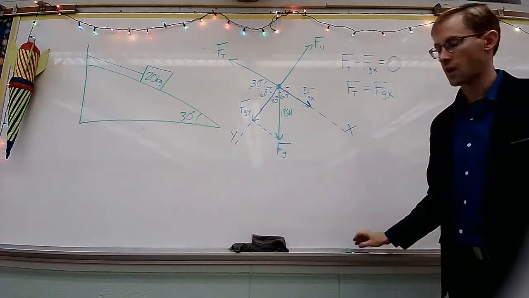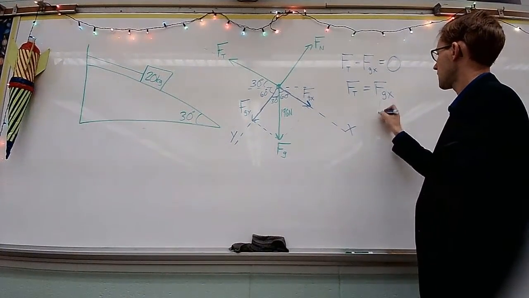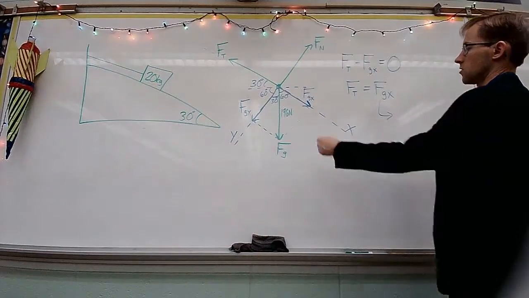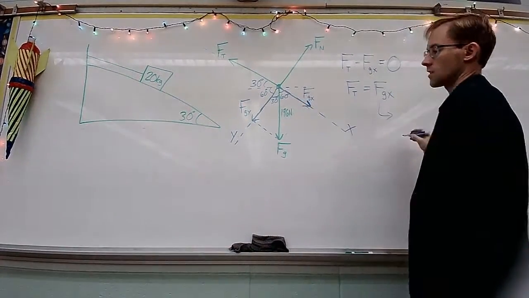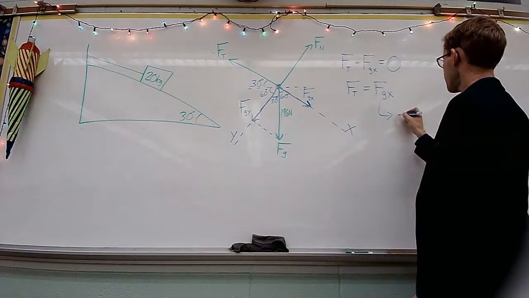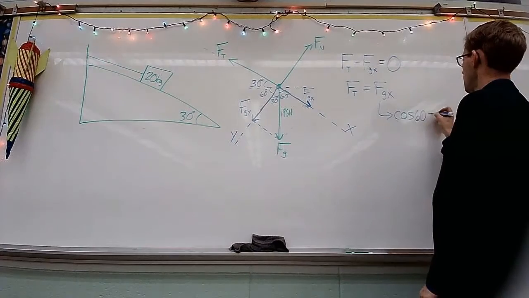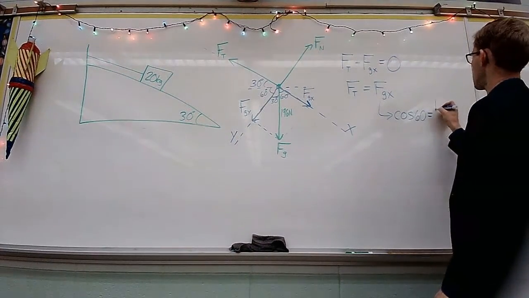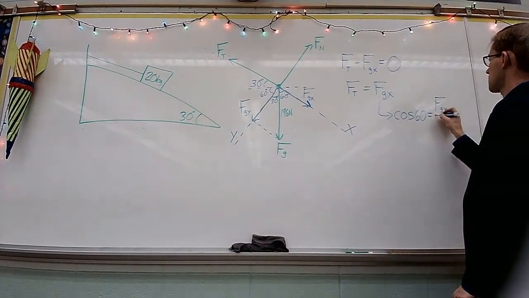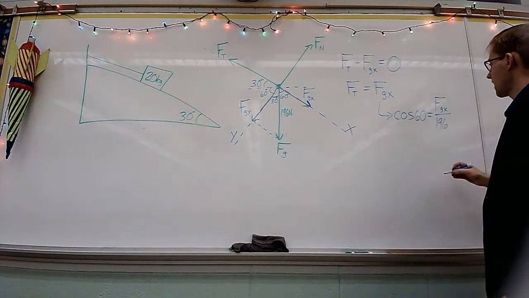So if that's the case, now I have enough information to figure out force of gravity in the x direction. That's the adjacent side of this 60-degree angle. So cosine of 60 is equal to the adjacent side, which is FGX, over the hypotenuse, which is 196.